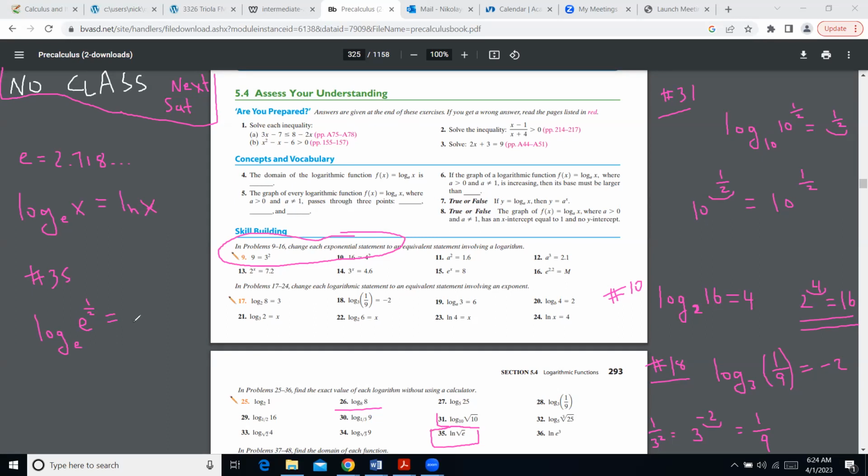So what is this equal to? Well, base is E. The result is E to the power of 1/2. So what power of E is that? We say, well, it's a 1/2, right? So the power is 1/2, and that's what my logarithm is.